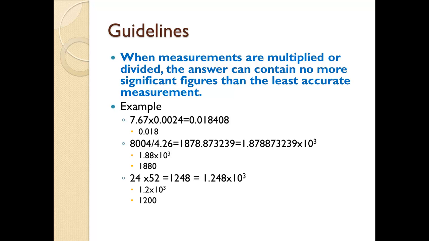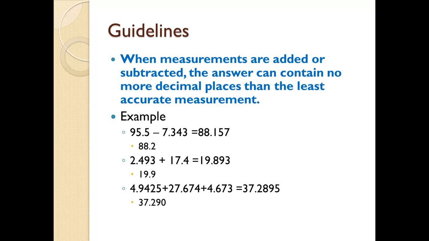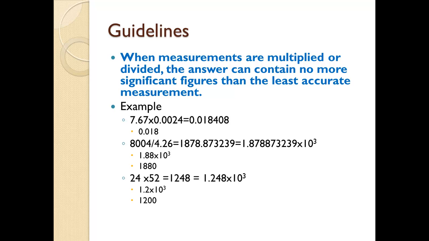When it comes to multiplication or division, we actually have to look at the number of significant figures, and our final answer can contain no more significant figures than the least accurate measurement. So with addition and subtraction, we look at the decimal places, but with multiplication or division, we count the number of significant figures.